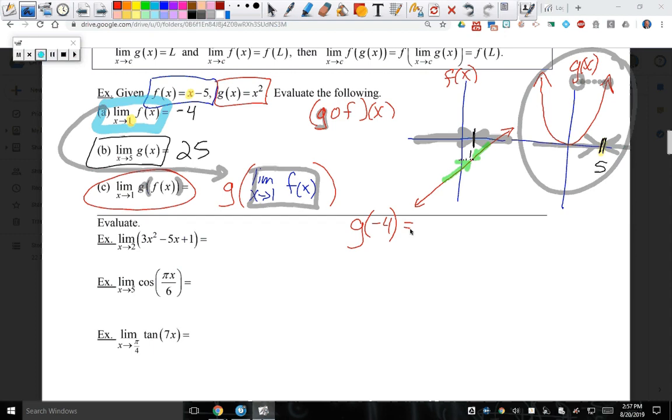Anyone? 16, right? It will be a positive 16. So the answer to this will be 16. Questions? So you're just finding g of -4. Yep, we're just finding g of -4. So not the limit, just what it is.